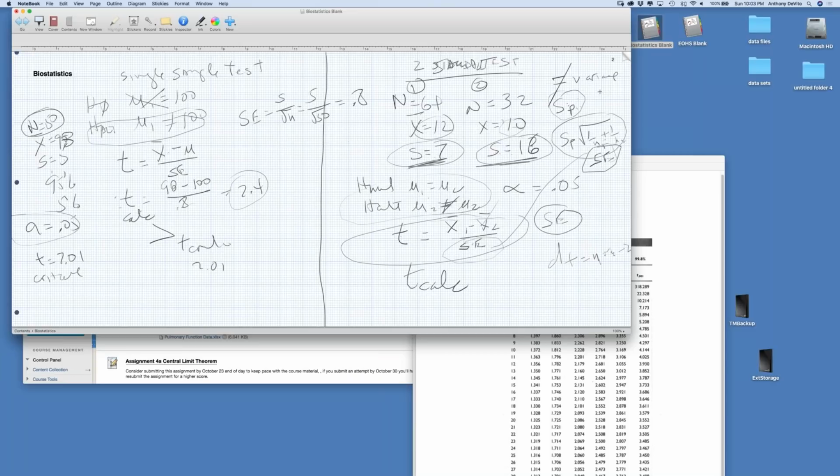And in the unequal variances case, this other case that I didn't illustrate here, the degrees of freedom are very complicated to calculate. So typically, most people just take the smaller sample size, subtract 1 from it, and use that as the degrees of freedom to find your t critical. And if your t calculated is greater than t critical, you can reject the null hypothesis. Okay, but you'll have to go back there and take a look at that and work with it a little bit.